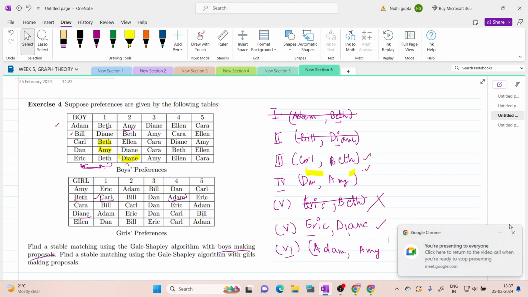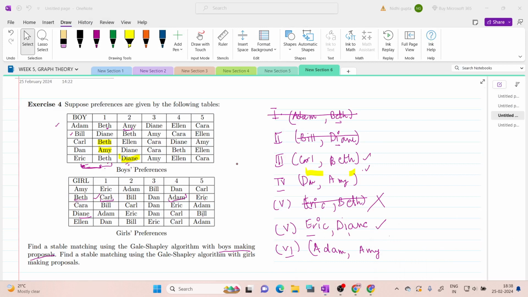Since Amy prefers Adam over Dan, Adam and Amy will get engaged, and Dan will be free now.